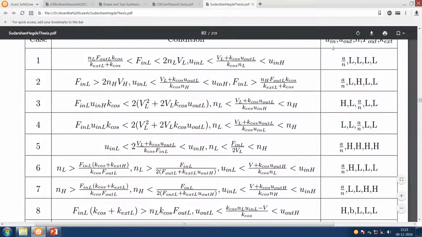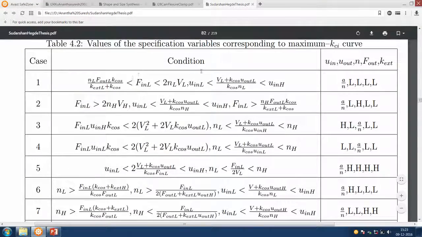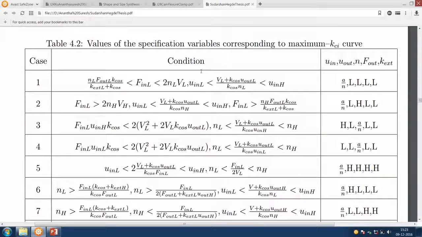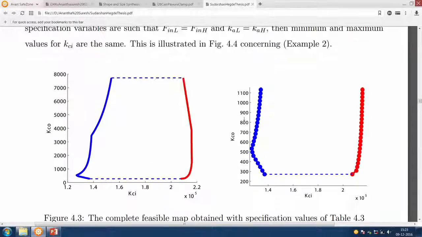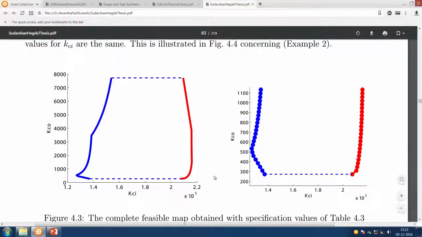Similarly, for another problem, we generate all these conditions, they are all simple enough. I am not saying that they are trivial, but they are not complicated in the sense that if we know optimization theory, we will understand this part, and with all of this we construct the boundaries here. We can construct a boundary for a given value of KCO and KCI, we can get this.